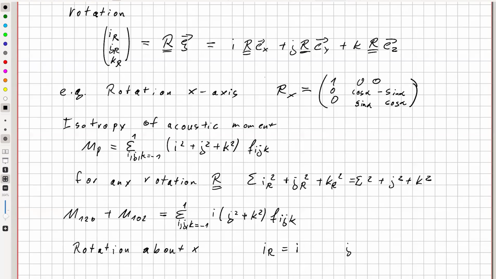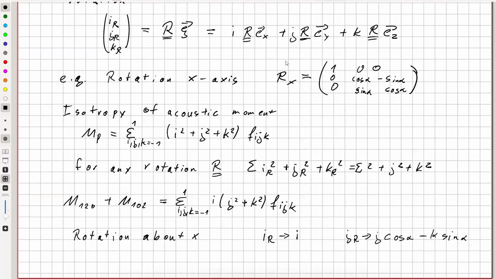But j_r will be replaced by, I think it's more accurate, the equal sign is not right, I mean this is the replacement. j_r is replaced by j cosine alpha minus k sine alpha, and k_r will be replaced by j sine alpha plus k cosine alpha.